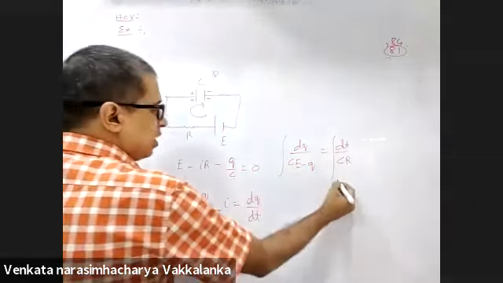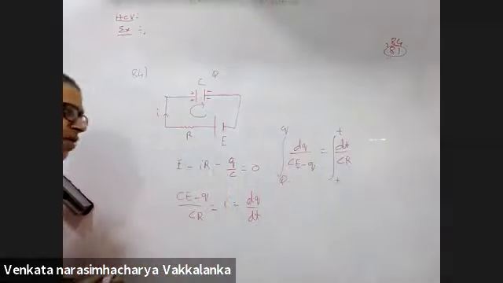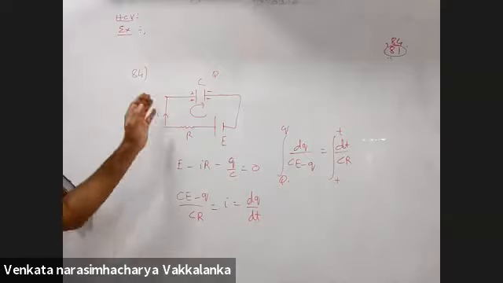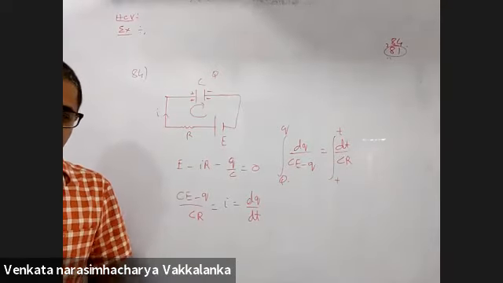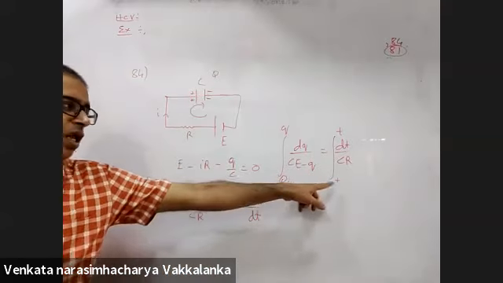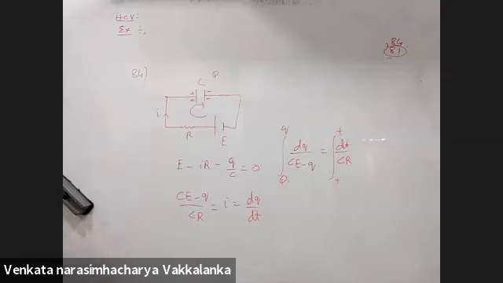At time t equal to 0, the charge is Q. At time t equal to t, find out the charge as a function of time. Exactly the same way that you have done charging of a capacitor, but the only difference is the initial limits will change. At time t equal to 0, previously you took 0, now you are taking Q capital.